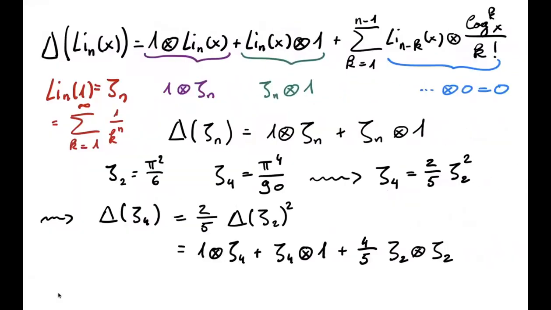But delta of zeta 2, I can evaluate it. And if you do this exercise for log x times log y, and you do exactly the same thing here, you get to the following result. But that's a problem, because that is a contradiction to putting n equals 4 in here, because I have this other term.